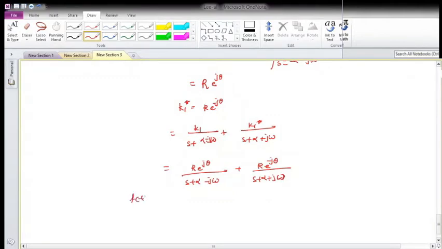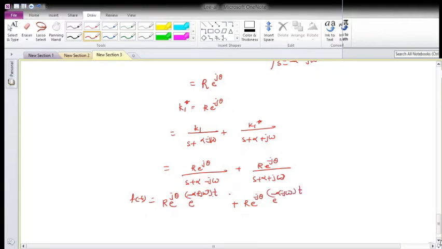The inverse will be r e raised to j theta into e raised to minus alpha plus j omega t, plus r e raised to minus j theta into e raised to minus alpha minus j omega t.